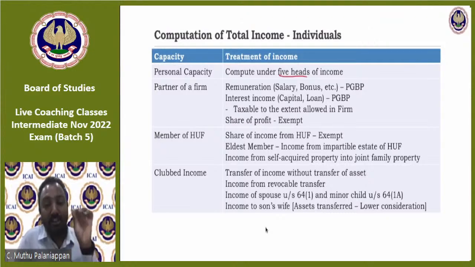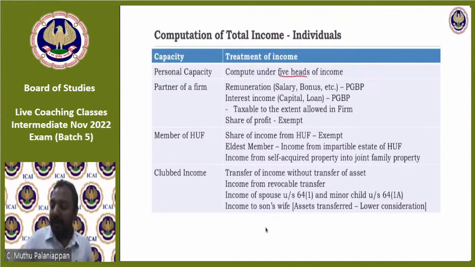The remuneration drawn by the partner is not salary income. The salary, bonus, whatever it is called, is not salary income. Similarly, interest drawn on your partner's capital is not income from other sources. So this remuneration and interest income of a partner will be taxable under PGBP.